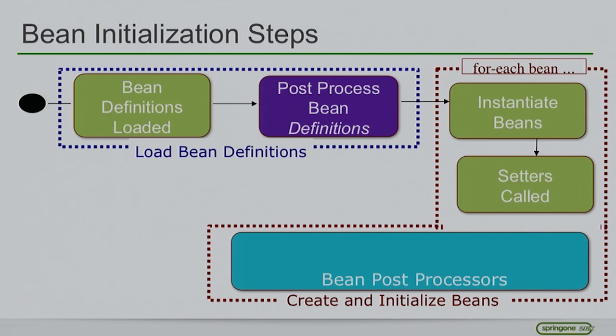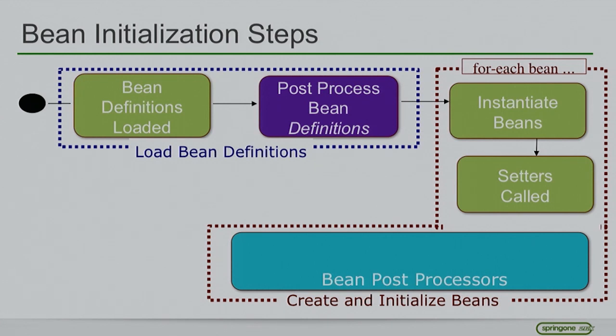Number 2, bean factory post-processors operate on the entire bean factory. So everything that's in the bean factory happens in one operation, where the entire bean factory, the container for all of the bean definitions, gets passed to a bean factory post-processor where you can iterate through the bean definitions looking for certain characteristics and patterns and change those definitions pre-instantiation.